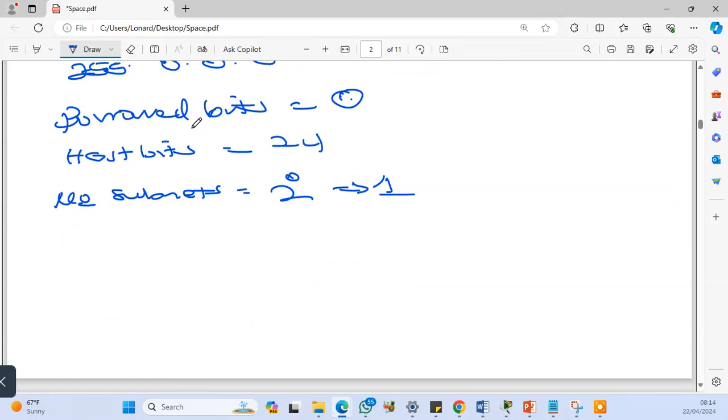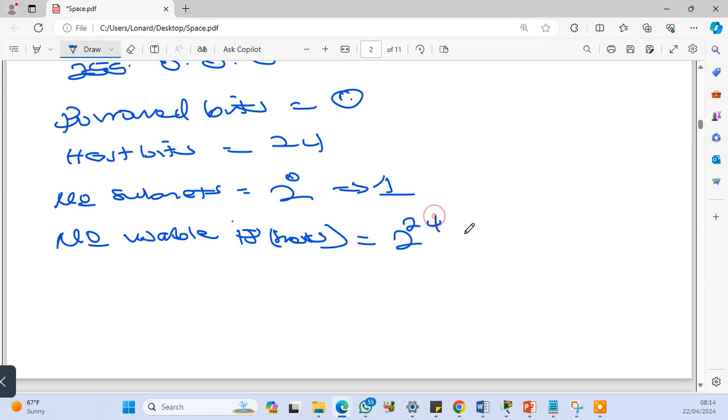Then the number of usable IPs or hosts is equal to 2 power host bits, and there are 24. So it's 2 power 24 minus 2, and you will find the result too, because we are not going to use the network and broadcast addresses anyway.